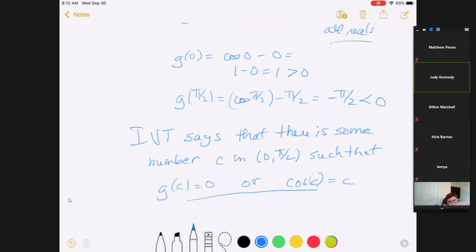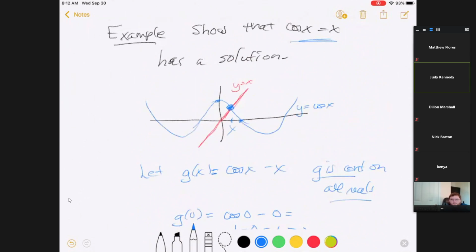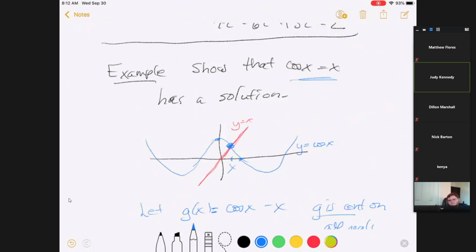So again, the intermediate value theorem would guarantee that you've got a solution to that equation.